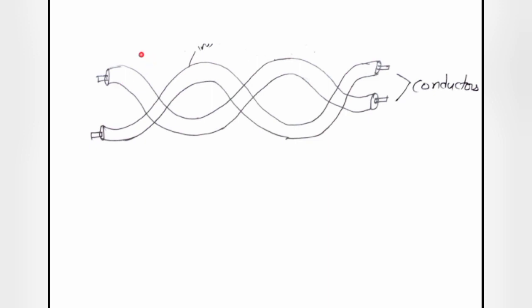One conductor will transfer the information and the other conductor will act as a ground reference. These twisted pair cables are coated with insulators, and inside it the copper wire will be there, that is the conductor, which will allow the current to pass through it.